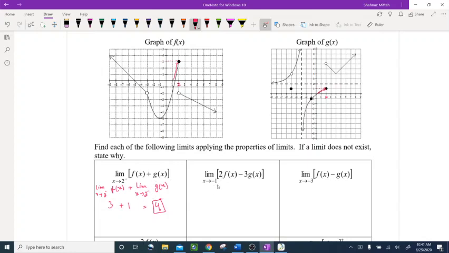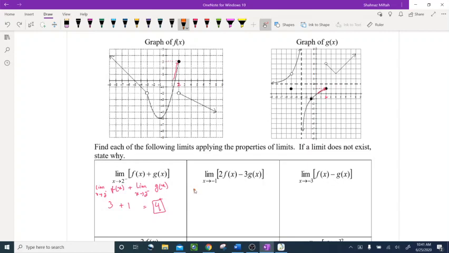Okay, let's try limit x approaches -1 of 2f of x minus 3g of x. So that one, I'm going to apply my properties first. You know this 2 coefficient? You can keep it outside like that. So when we use the graph, we know the graph is for that question.